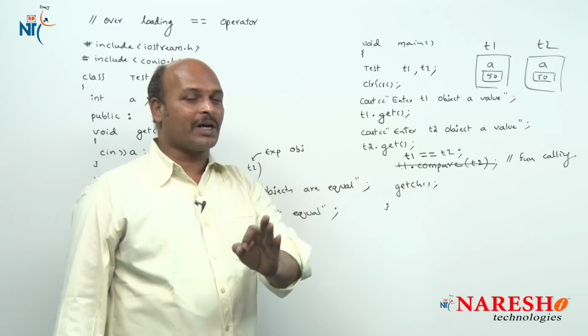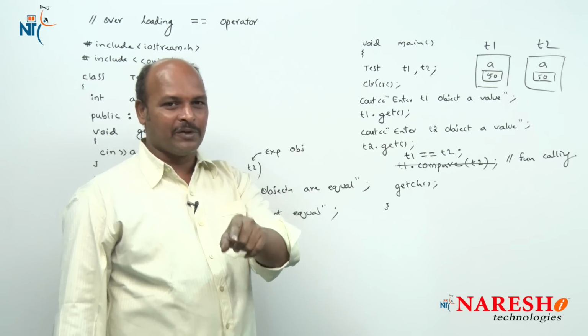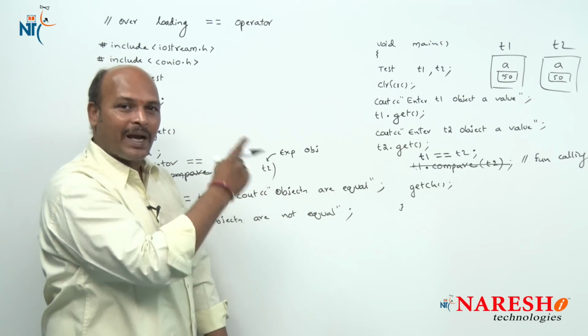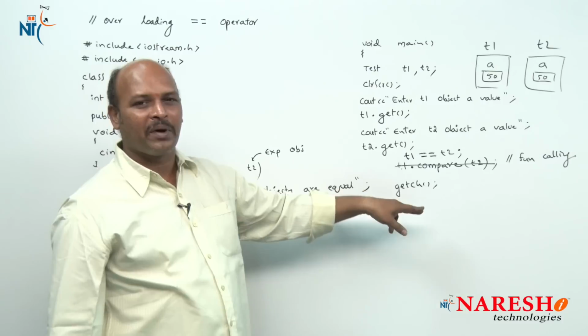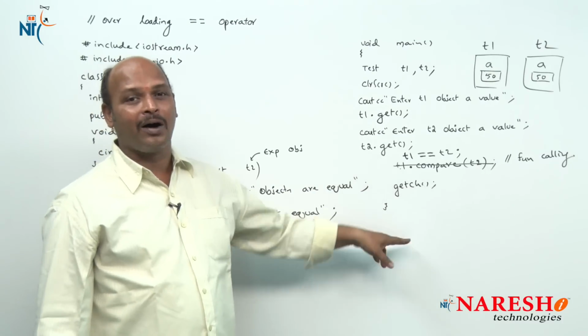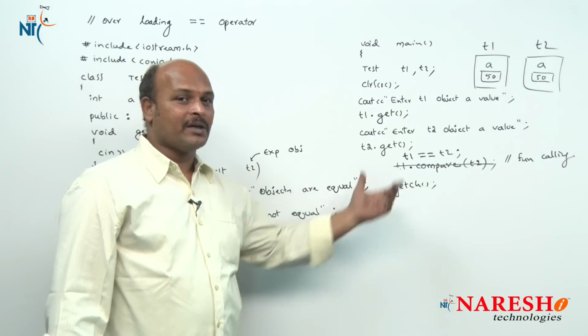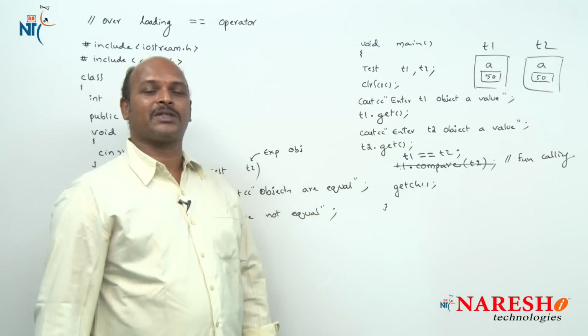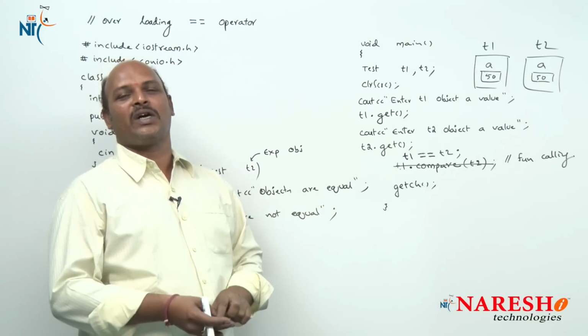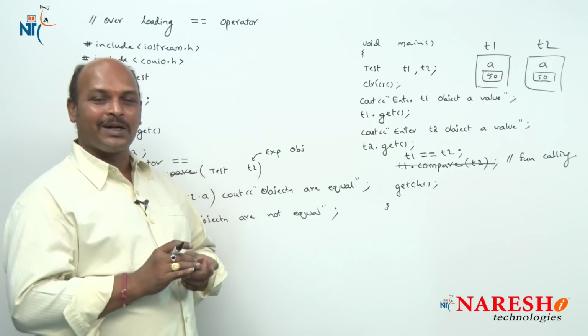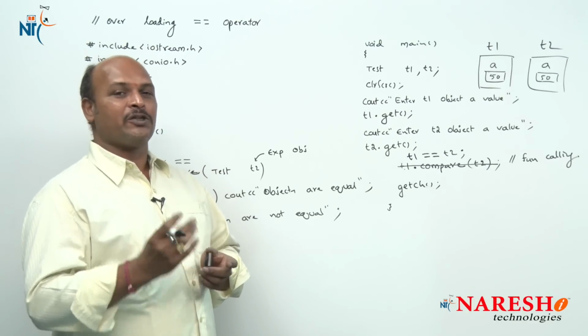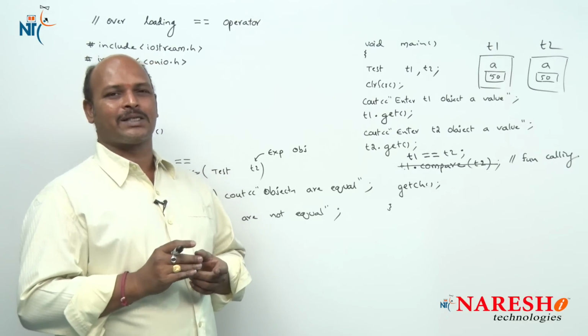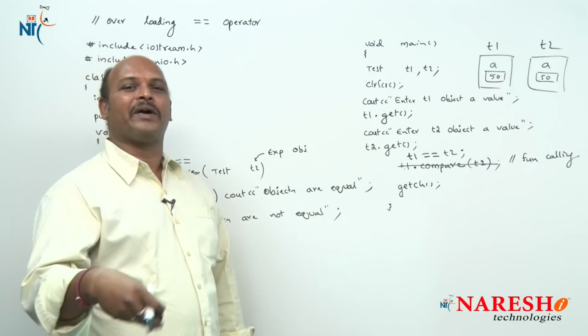Actually the operators work on predefined data types, but with this logic the same operator is now operating on objects, which are user defined. That is why operator overloading is the process of using existing operators on user defined data types.